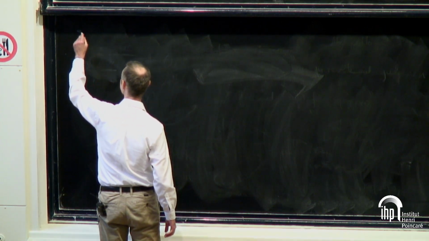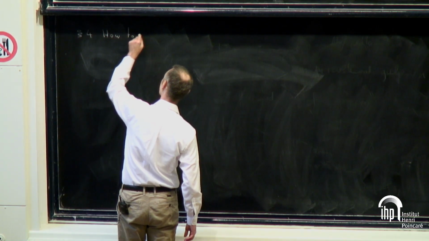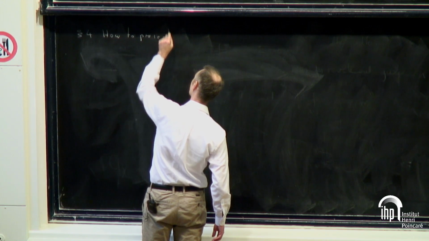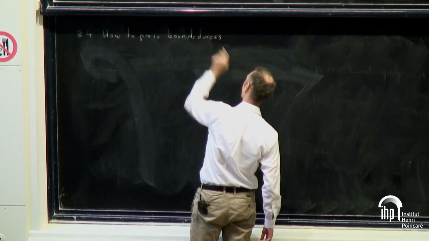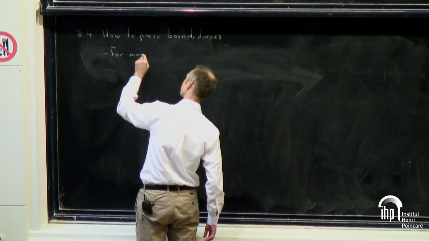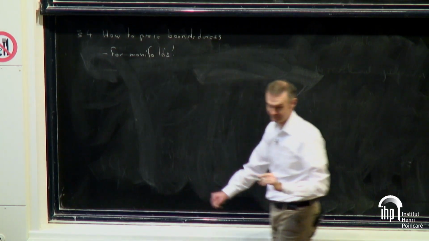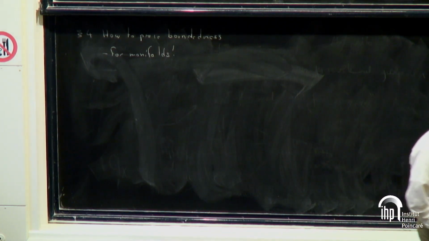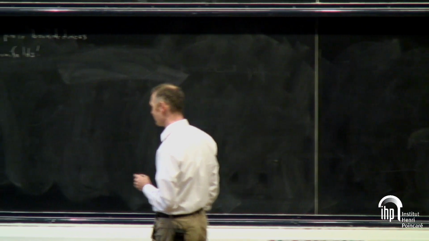So this is how to prove boundedness for manifolds. The proof of boundedness for manifolds involves like 3 or 4 major ingredients, and let me just list them.